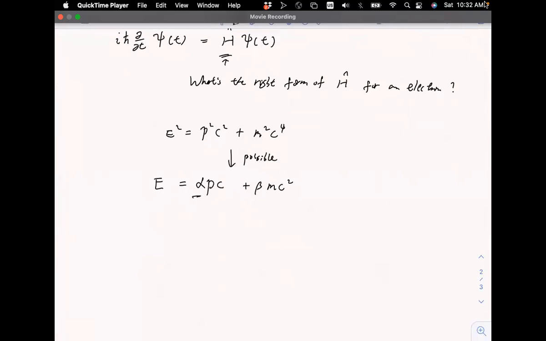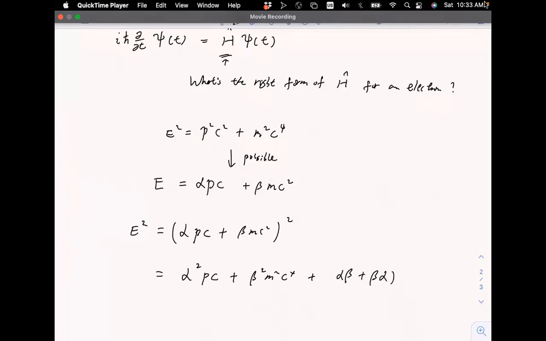So suppose you have two numbers here, gamma and beta, and then you take a square. Then you will have square PC and beta, and then you have this. PC MC squared.